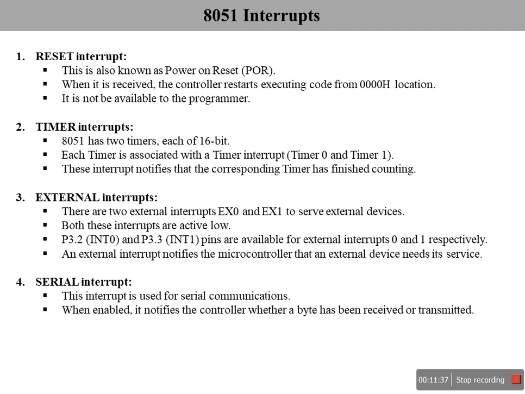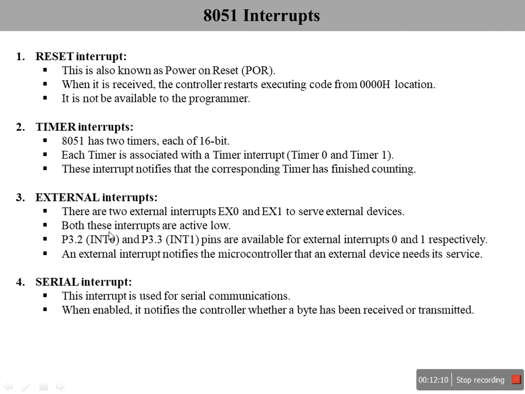Whenever you load a timer to count certain events and the timer overflows, it generates a signal that we call a timer interrupt. Then we can write a routine for what has to be done when a timer has finished its counting. Okay, so these are the applications.